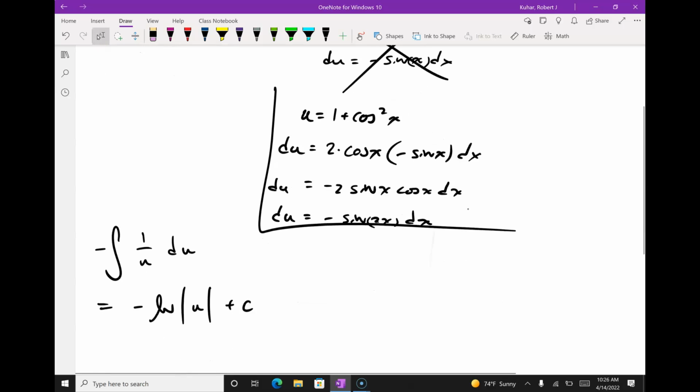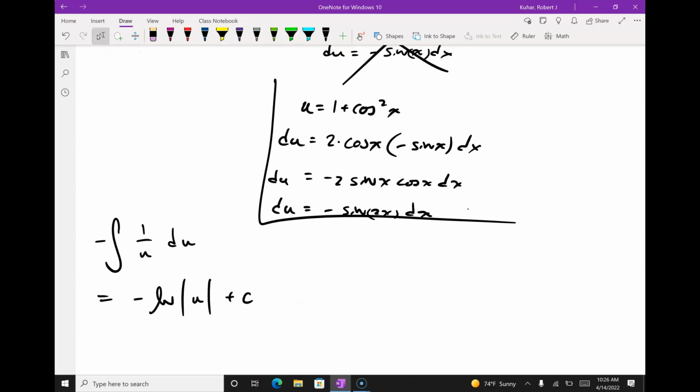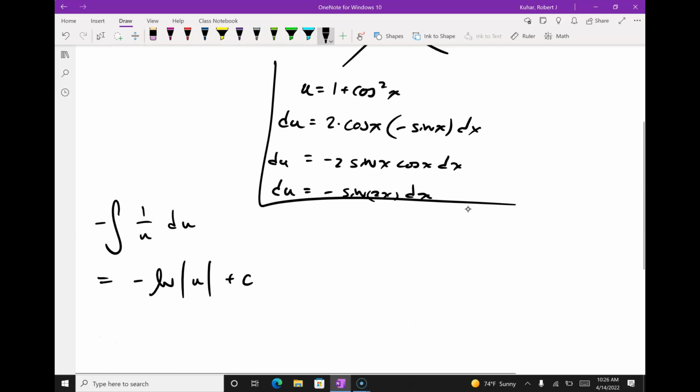and I recognize that u is 1 plus cos squared x, right? Do I need my absolute value there?